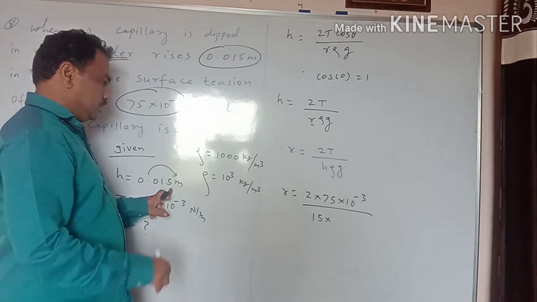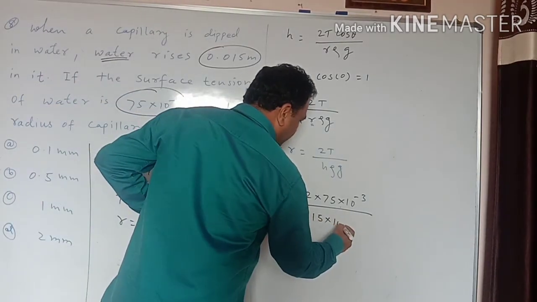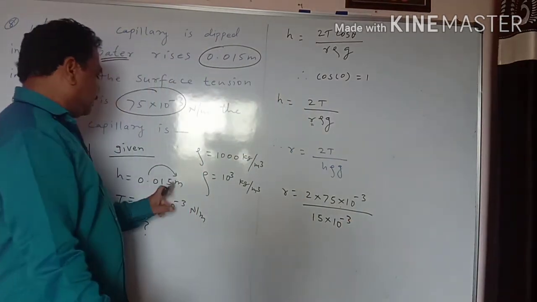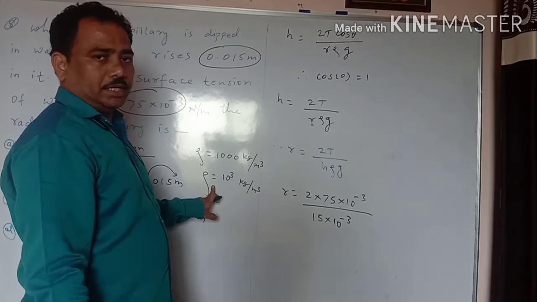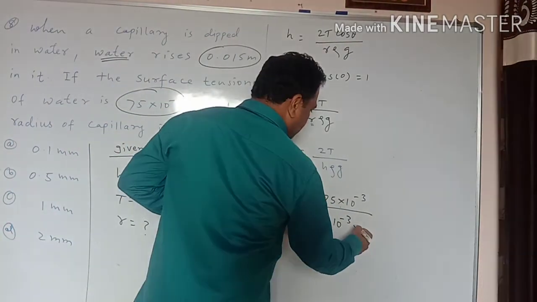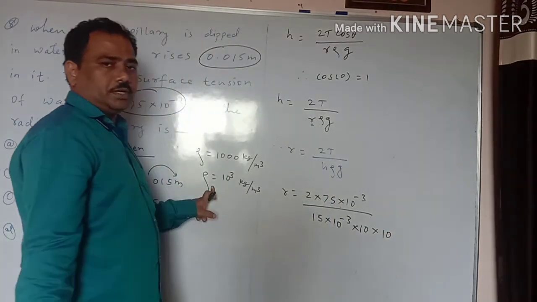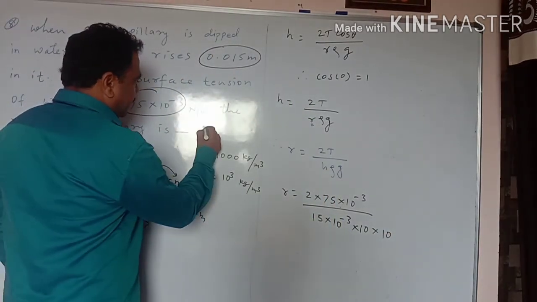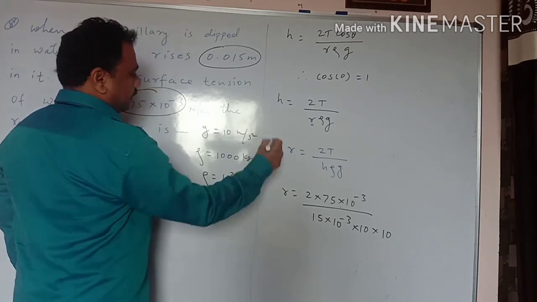Why? 1, 2, 3, so we are shifting this decimal point after 3 digits. Then rho, obviously that is 1000, so instead of rho we can put 10 to the power 3, and gravity is also considered here, it is 10 meter per second square.